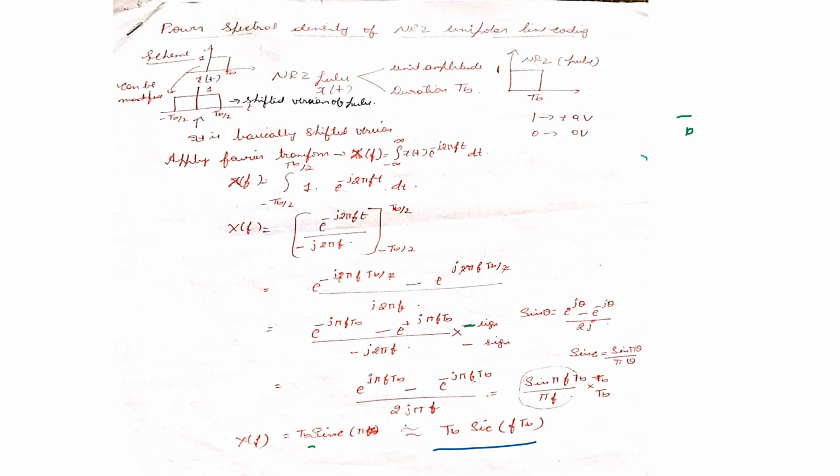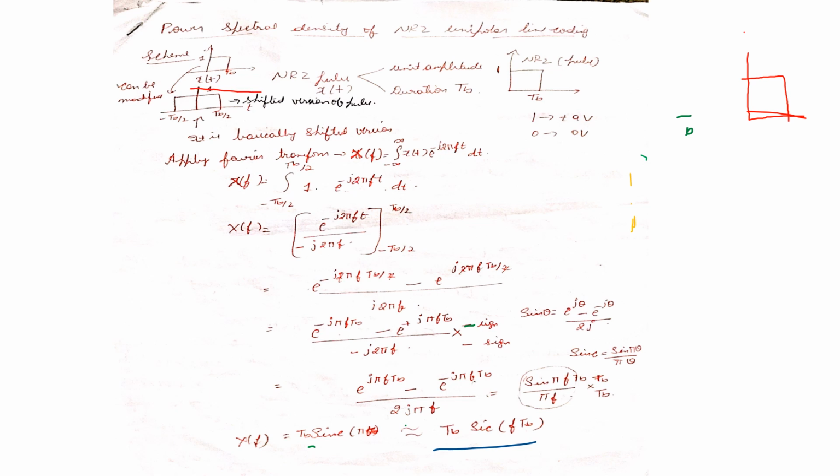Unipolar line coding has a pulse that is represented with amplitude plus A for bit 1 and 0 for bit 0.